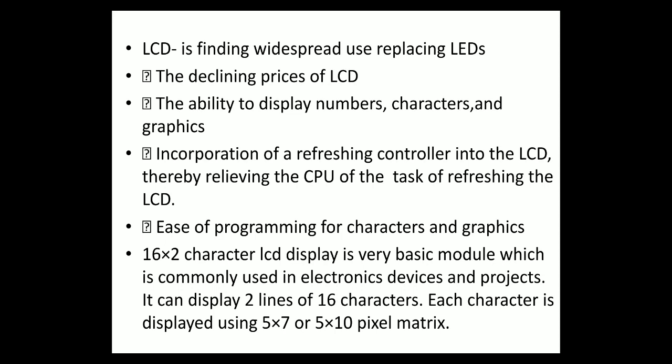We can display 16 characters in one line, and each character is displayed using a 5 cross 7 or 5 cross 10 pixel matrix. So this is about your LCD and how it is exactly built. Now let us go to the pin diagram of these LCD panels.